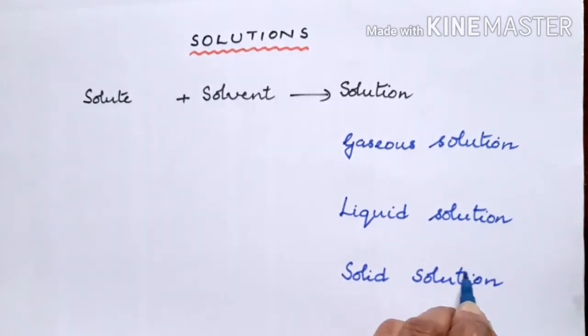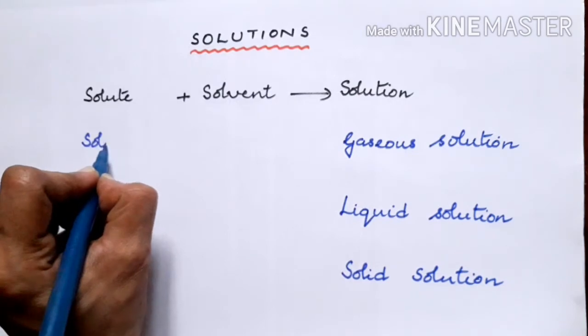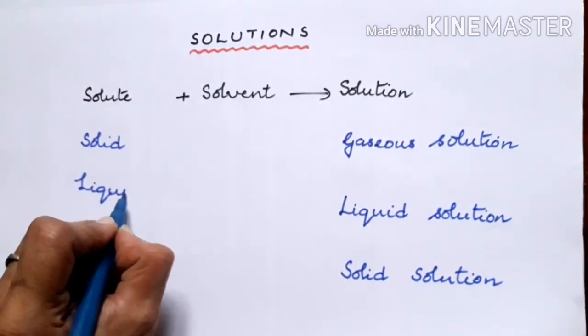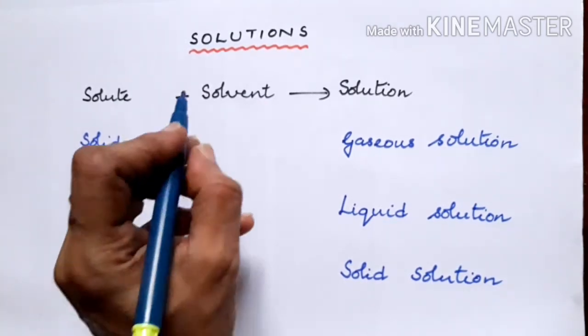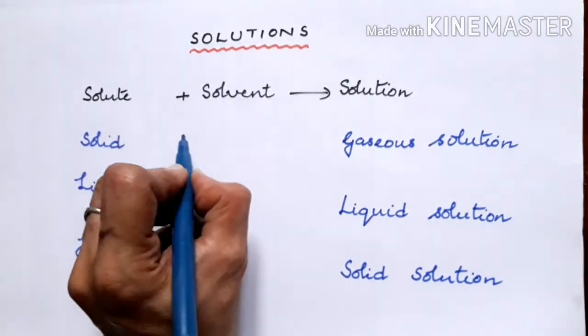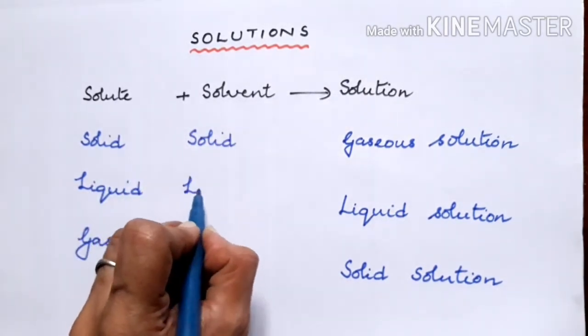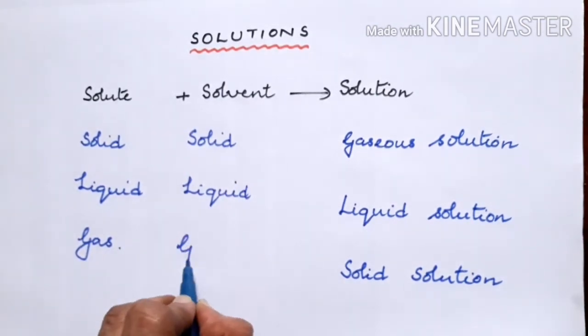Now, what do you understand by gaseous solutions? The solute can be either in the solid form, liquid form, or gaseous form. Similarly, the solvent can be in the solid form, liquid form, or gas form.